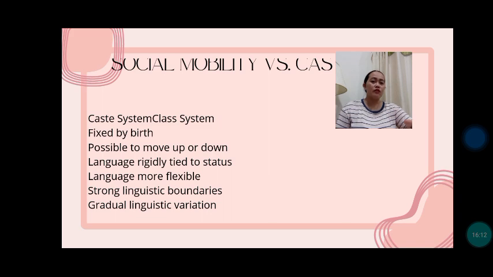In class systems, you can move up or down the social ladder, and language use is more flexible. In other words, speech in class societies changes along with mobility, while speech in caste societies reinforces stability and division.